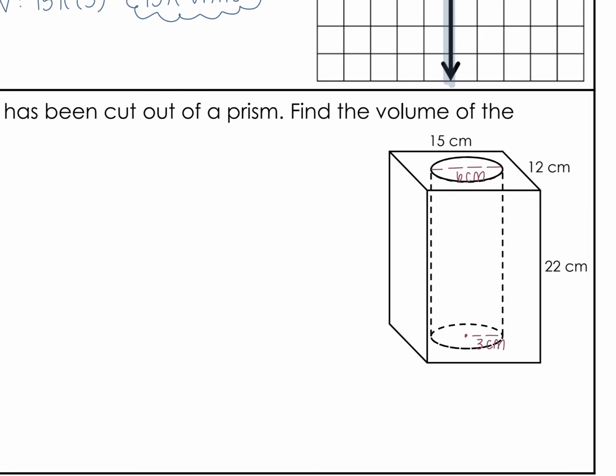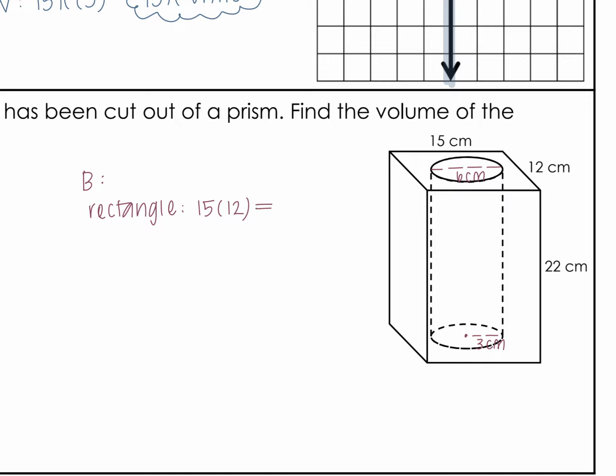Okay, so we're going to start with our capital B, area of the base. We see that this is a rectangle with a cylinder cut out of it, the rectangular prism with a cylinder cut out. So I'm going to start with the rectangle's area, which is just that base times height, which is going to be 15 times 12.